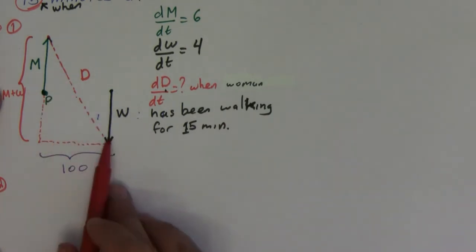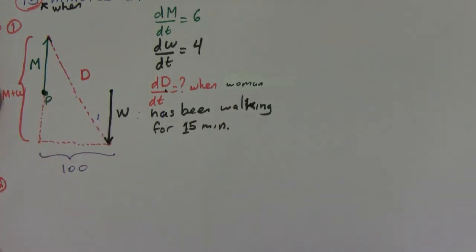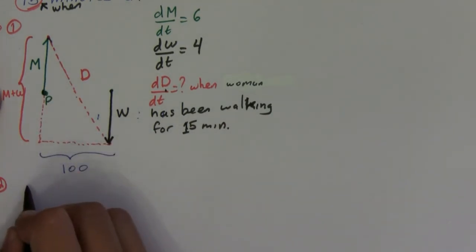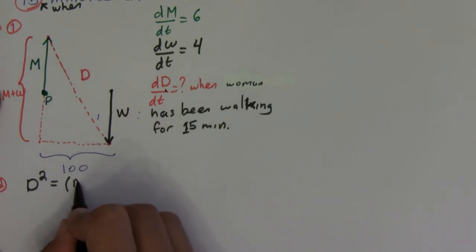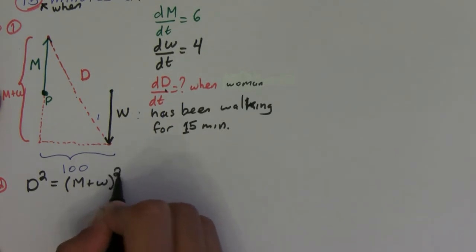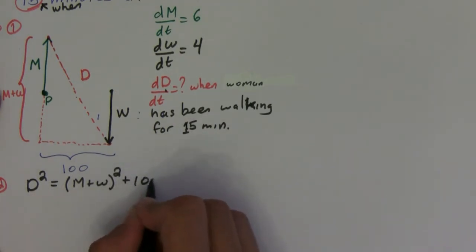Notice that we can relate all of these by the Pythagorean theorem. This means that D squared is equal to (M plus W) squared plus 100 squared.